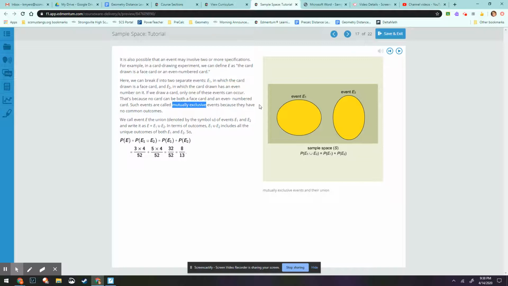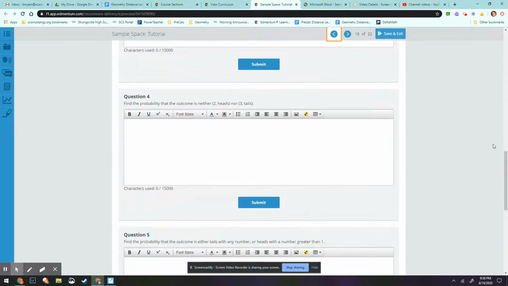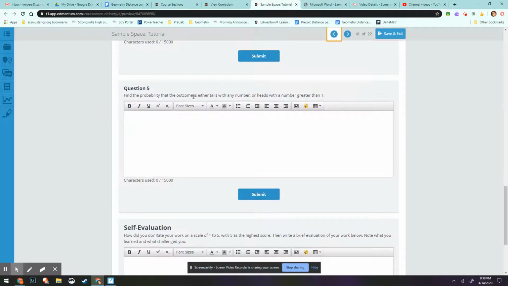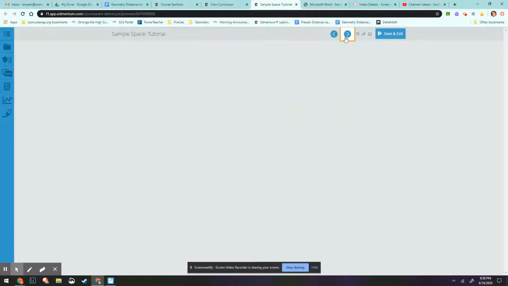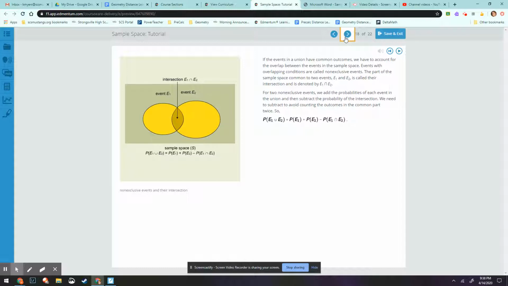Okay, and if you have 2 things that cannot both happen, like that very last problem we did, these are mutually exclusive, because you can either get tails or you can get heads. Both of those cannot occur. And so to find those probabilities, you do exactly what we did. If you see a U there, that means we're going to join these 2 sample spaces, and you would add the probabilities.